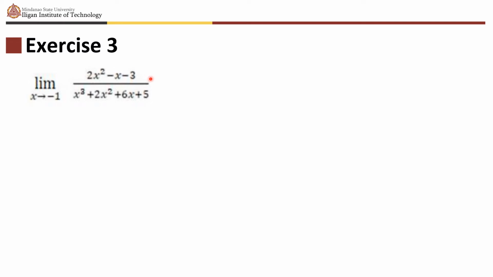Here we notice that 2x squared minus x minus 3 is factorable, meaning to say the numerator is factorable. As for the denominator, although it's factorable, it's not obvious. So what we're going to do is to find factors where one of the factors would at least be similar to the factor in the numerator.